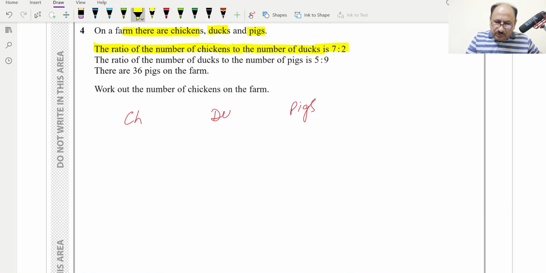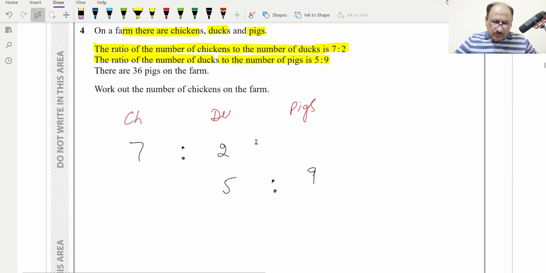So chickens to ducks is 7:2, and the next ratio provided is the ratio of the number of ducks to the number of pigs is 5:9. So ducks to pigs is 5:9.